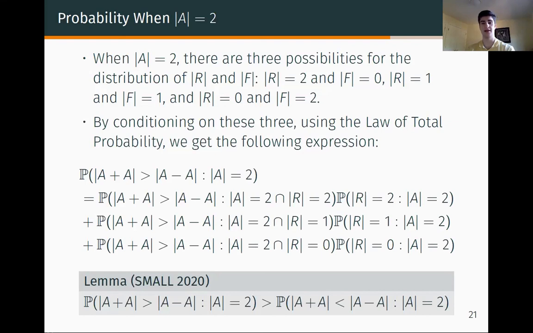And we get an expression that is a function in terms of m for the probability of it being MSTD given that the size of A is 2, and we get the probability of it being MDTS given that the size of A is 2 to be 0. So since one is positive and the other is 0, we get this lemma that the first expression is greater than the latter.